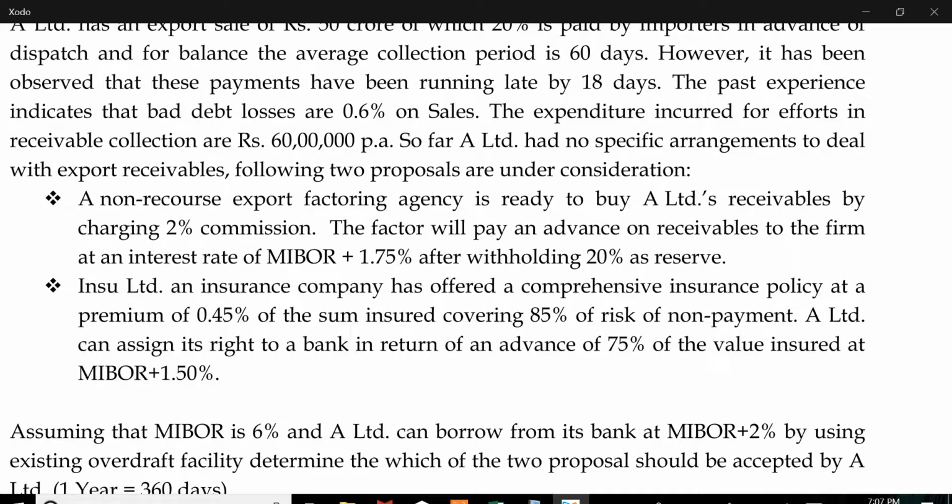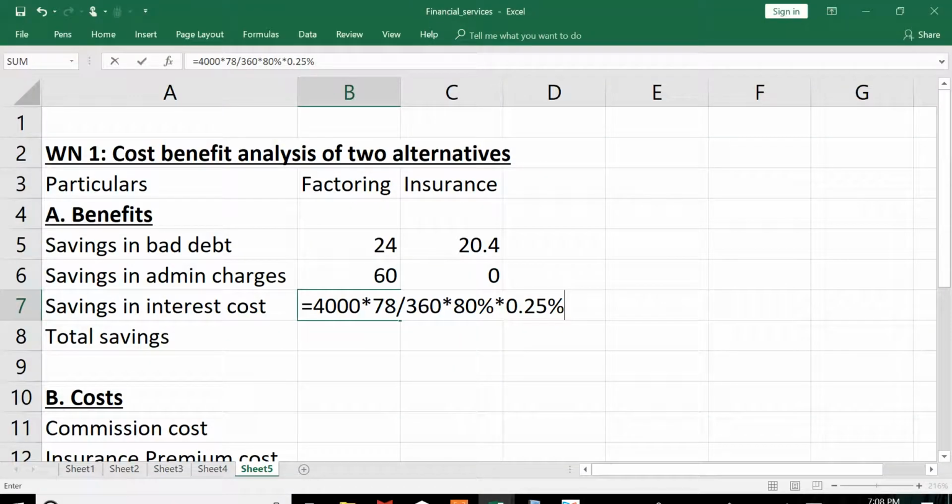So it all depends on the factoring terms of agreement. The terms of agreement will say whether the commission will be deducted and then reserve will be deducted, whether commission will not be deducted and only reserve will be deducted. But yeah, question number 1, and this has no consistency. There I did differently, here I am doing differently. This much I can save.